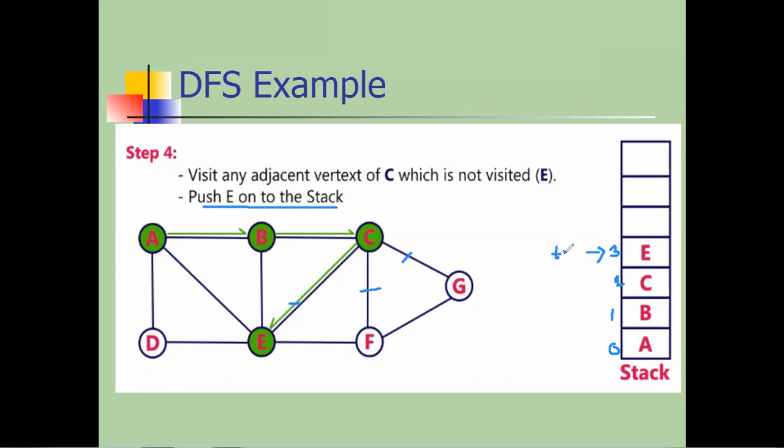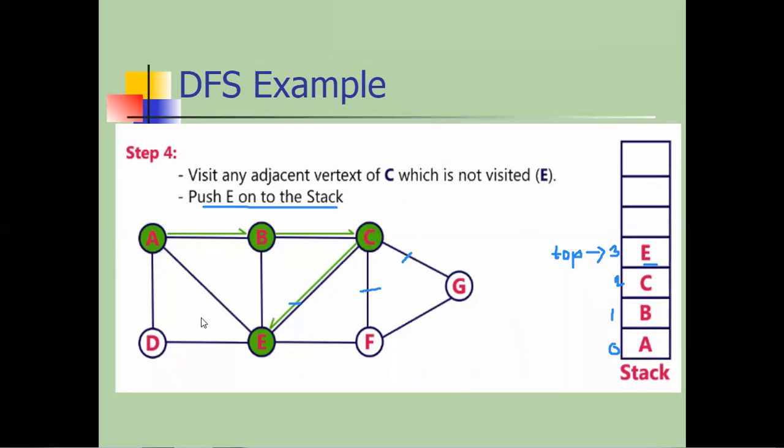Here is your top. What is the top value? That is E. So top is pointing to 3 and the value is E, meaning we have already pushed it into the stack. Now we are left with the remaining elements, E, F, G, which we'll see in the next part. I hope everyone is clear on this part.